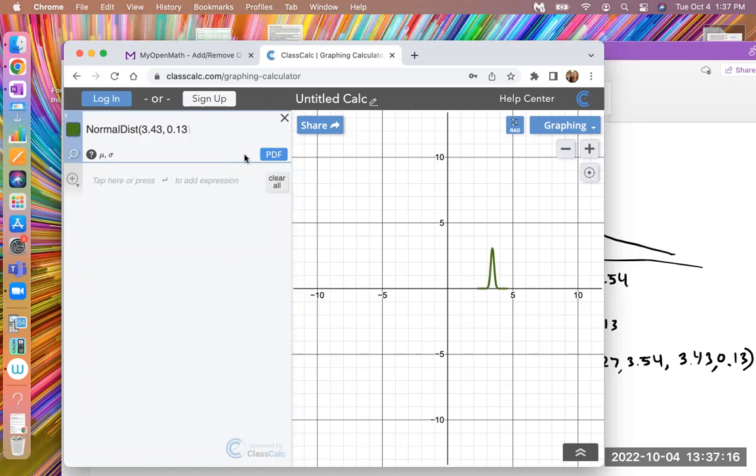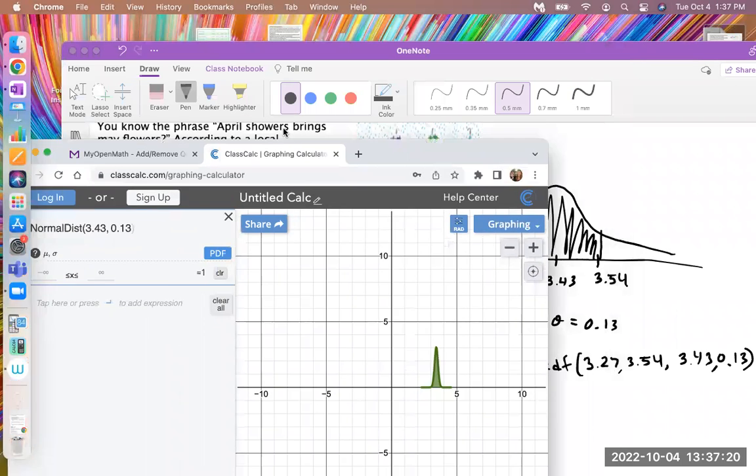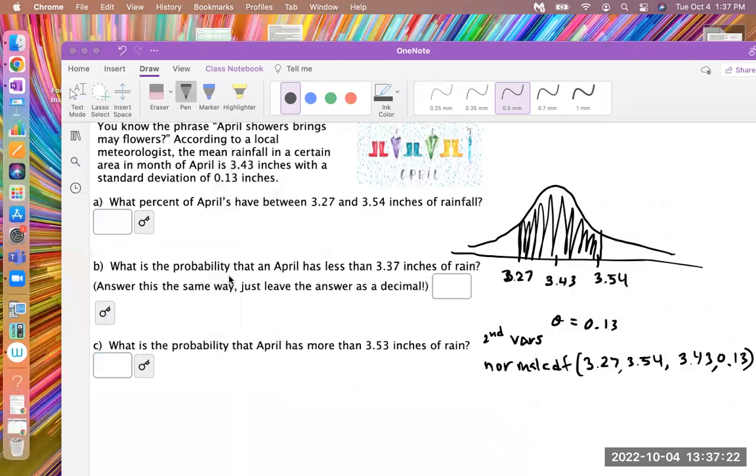Now I click on CDF, and when they say they want between, I put the smaller number to the left and the bigger number on the right, just like the number line. Then I put an X in between them.